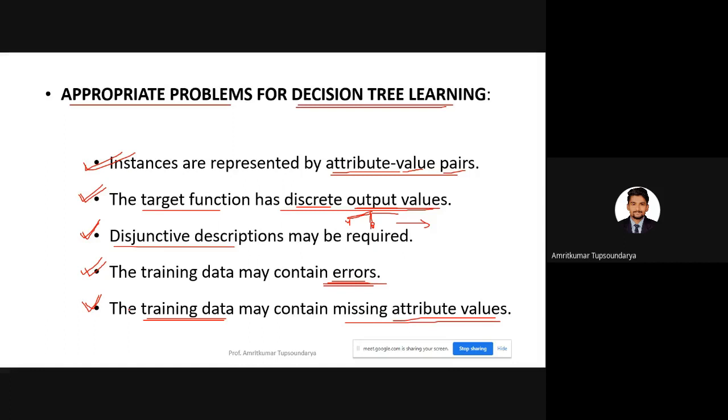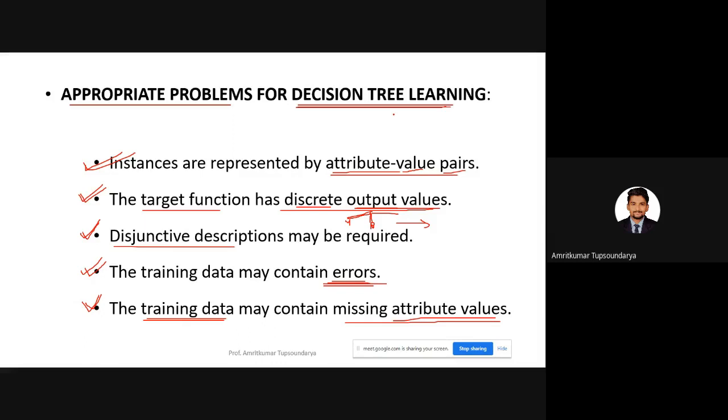For example, let's say the humidity of the day is known for only some of the training examples. We don't have the value of the attribute humidity for all of them, only for some, and we can still treat that as a problem for a decision tree learning method.